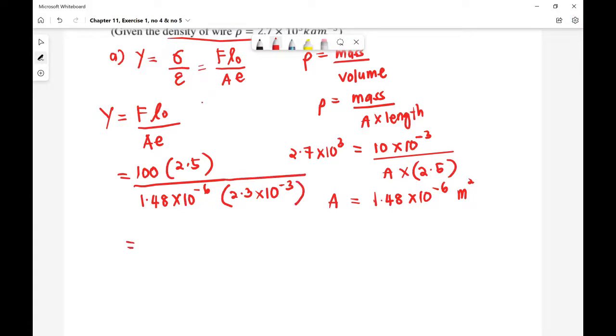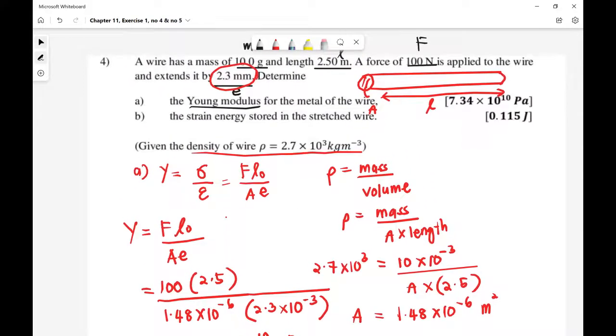So boleh dapat Young modulus, dapat 7.34 times 10 to the power of 10. And unit for Young modulus is Pascal or Newton per meter squared. Okay, so ini adalah untuk question A.